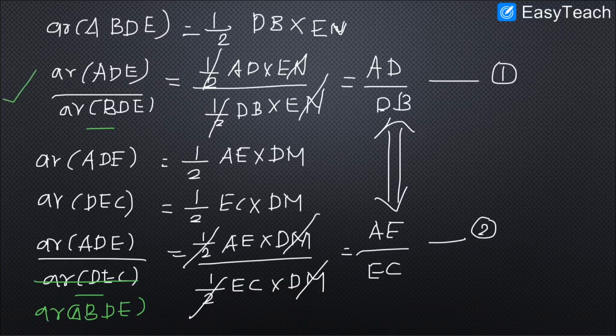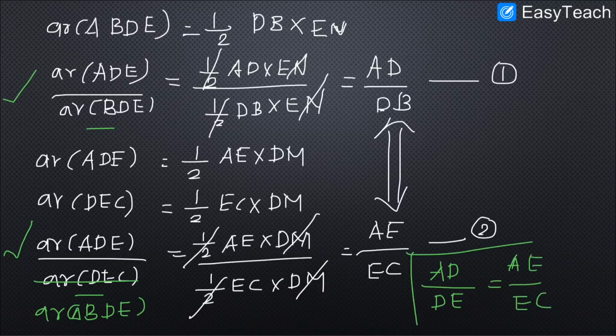Both are same, right? We just found out. Since one side of the equation is similar, the other sides are also equal. So AD upon DB equals AE upon EC. Hence proved.